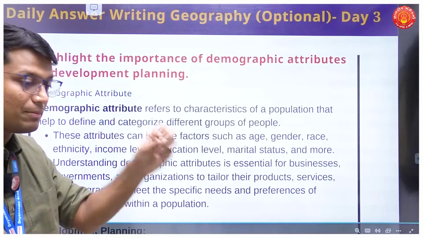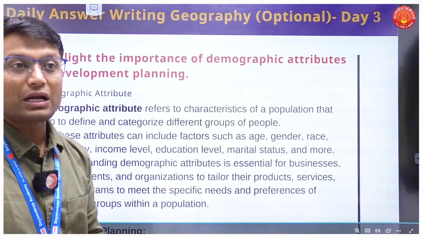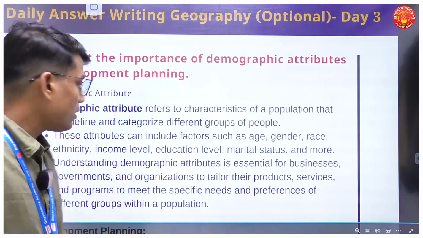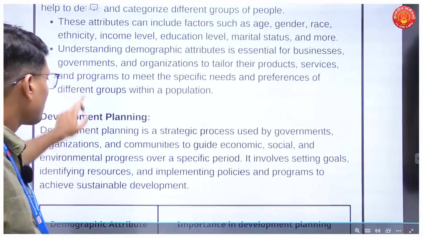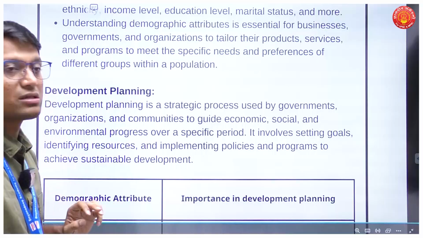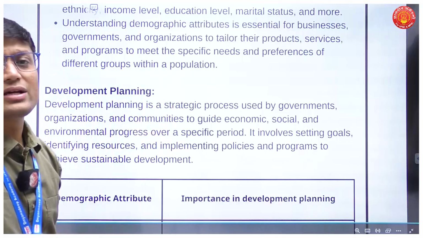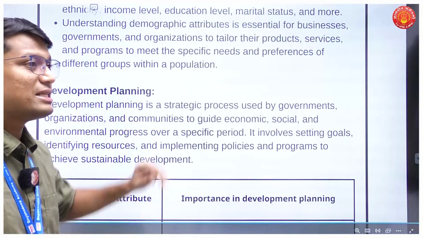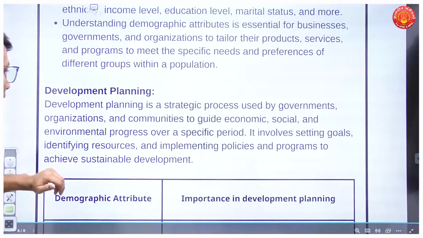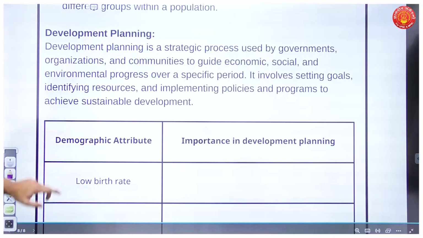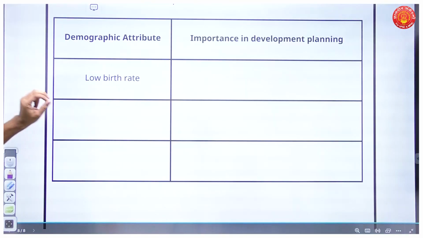I'll just plainly explain what demographic attributes are first. Later on, explain what developmental planning means, in lucid language. Once you have explained these things, move on to the main part of the answer.